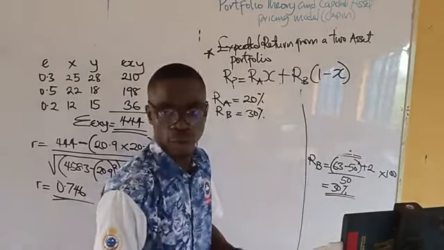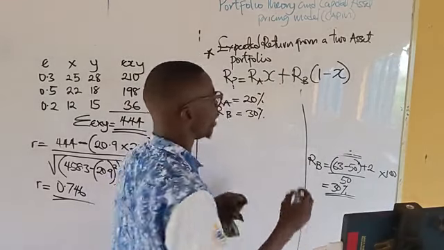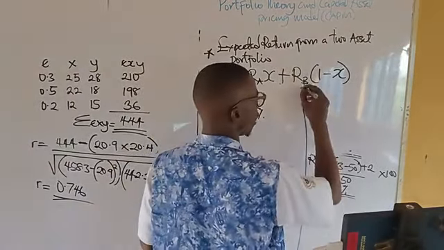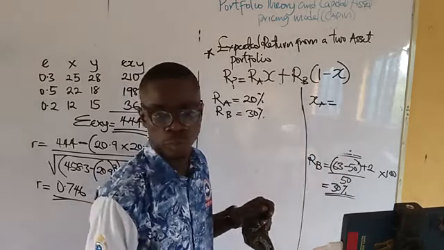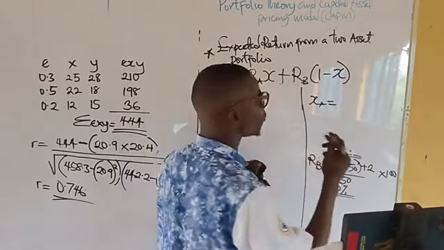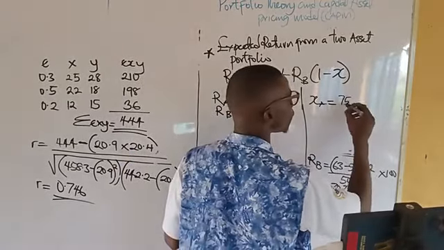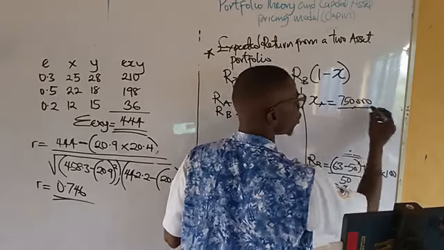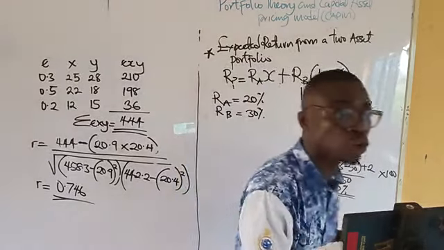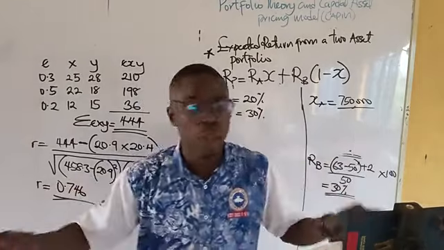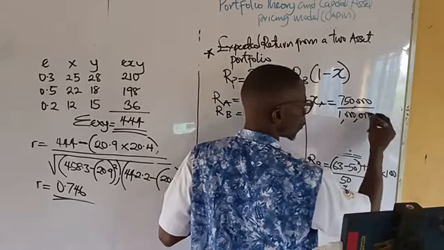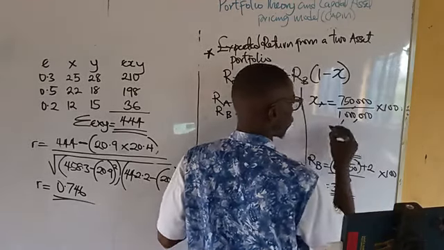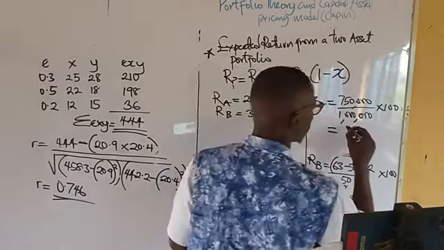So look at it now. How much was invested in A? 750,000. So it will be 750,000 over the total amount to be invested in the two investments, which is 1 million, times 100. So 75%.